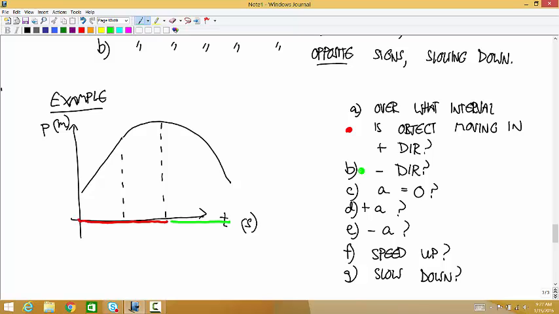Anytime you have a constant velocity, there's no acceleration. You know, acceleration is measuring a change in velocity, so any linear region is 0 acceleration. Okay? So this blue region is 0 acceleration.